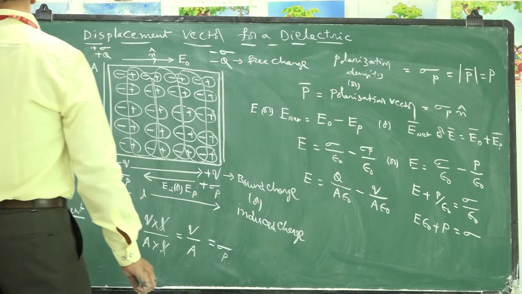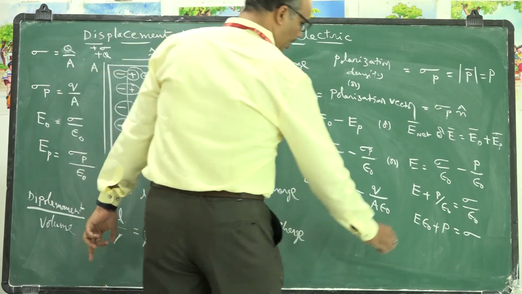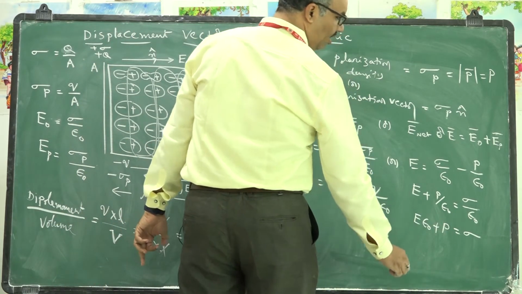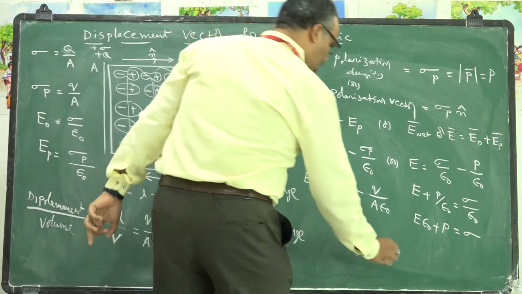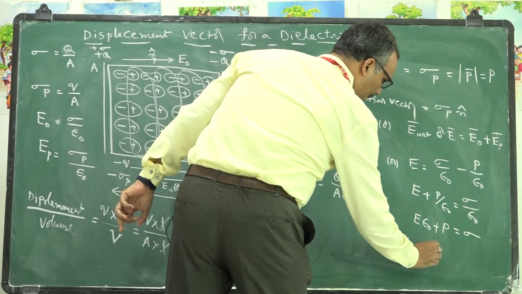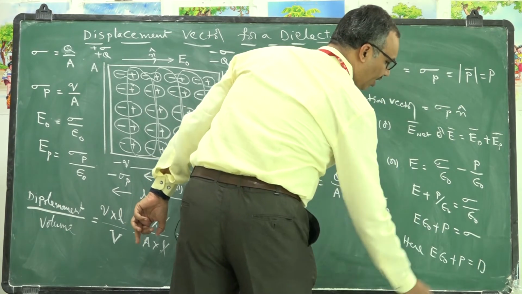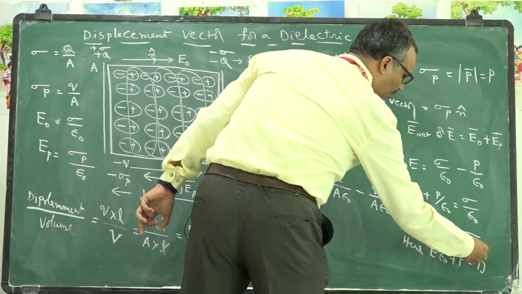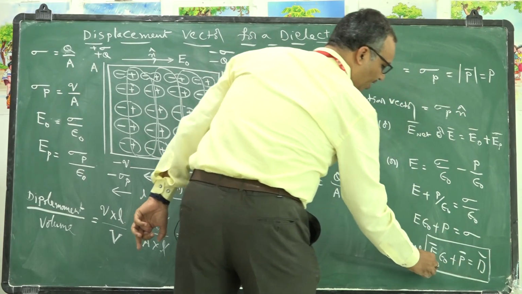Here E epsilon naught plus P is called the displacement vector D. You can write it in vector form also. So what is the displacement vector?